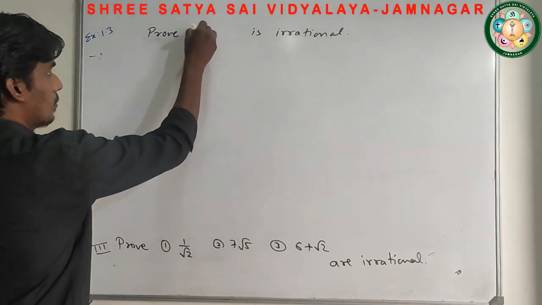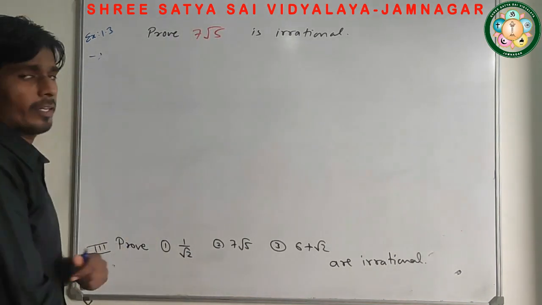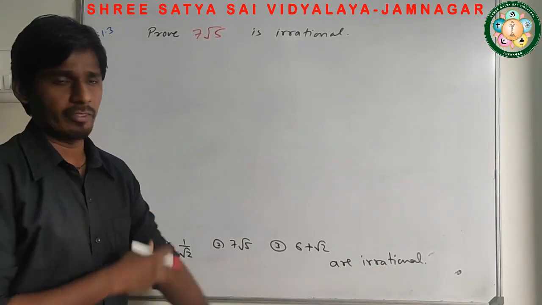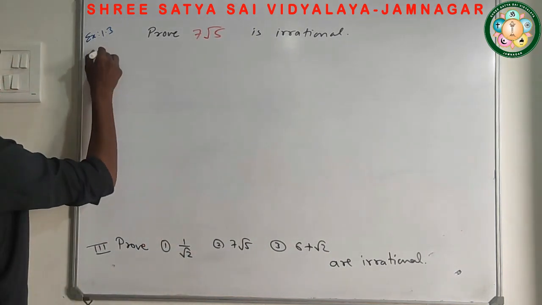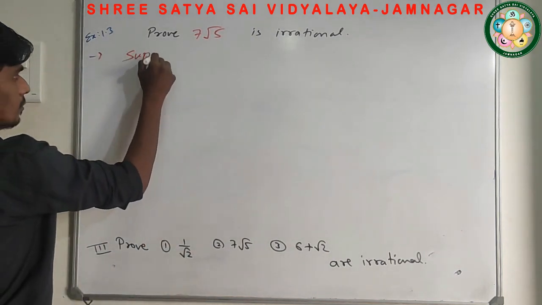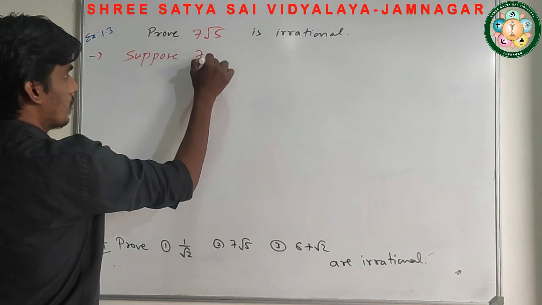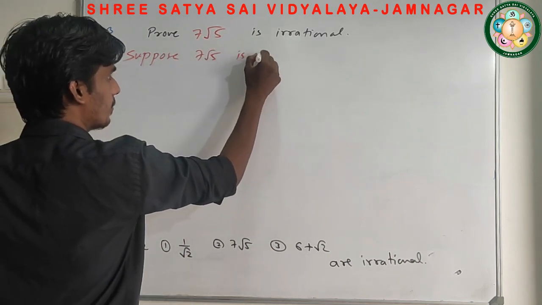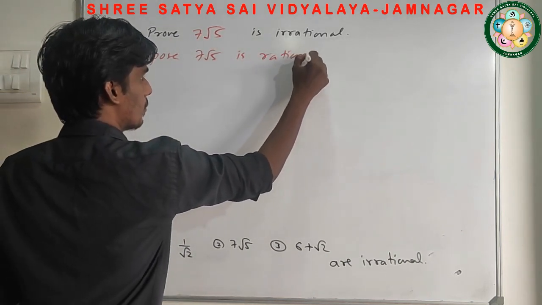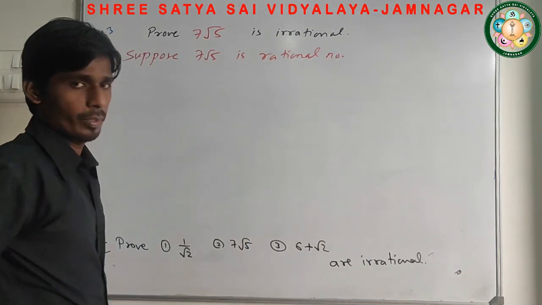Now I'm going to prove 7 root 5 is irrational. Rest of all the method will remain same. So again, suppose 7 root 5 is a rational number.